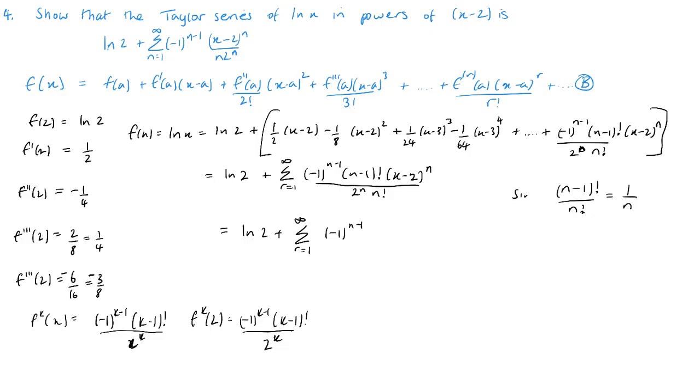Okay, so you can say since this, then we've got x minus 2 to the power n over 2 to the n times n, and that is what's up there, isn't it?